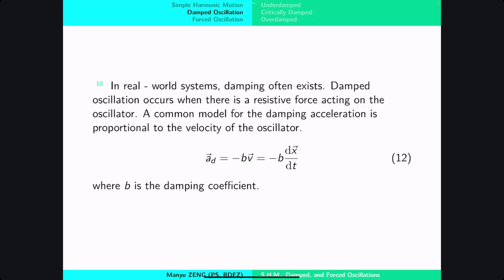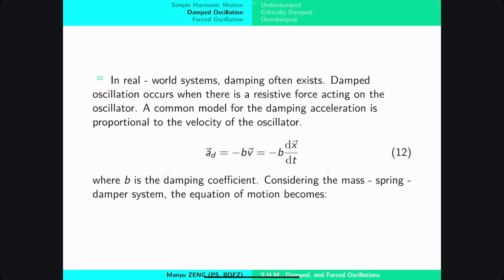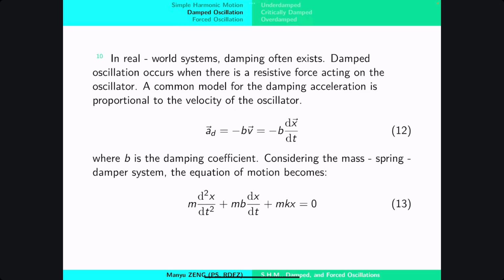It must be in the opposite direction of v, because it is common sense, right? Because friction is always in the opposite direction of where you pushed it. We call b the damping coefficient, and so we consider the mass spring damper system. The equation becomes like this, right?